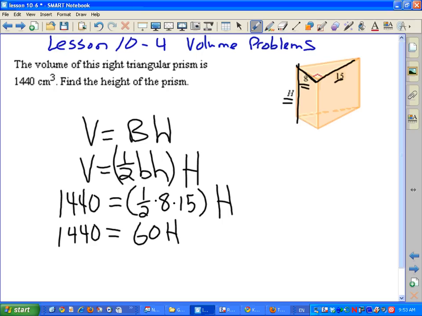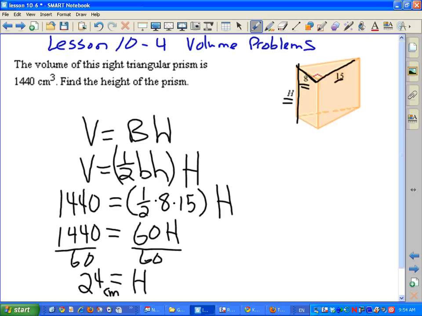And then if I divide both sides by 60, I will find that the height of that prism is actually 24 centimeters. Alright, so great geometry problem involves algebra and the formula for volume of a triangular prism.